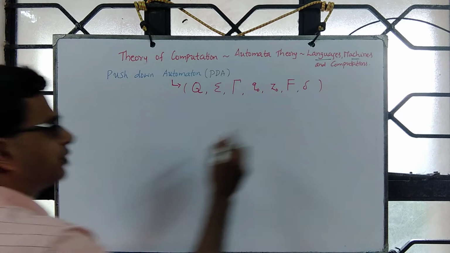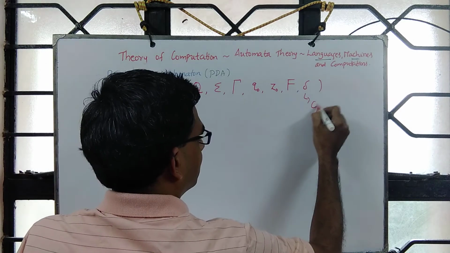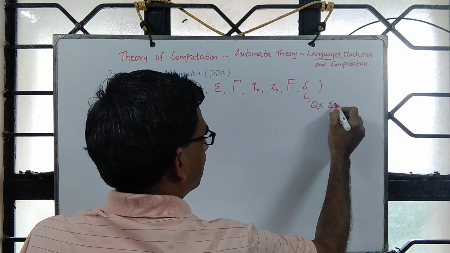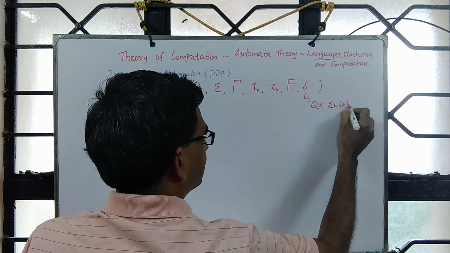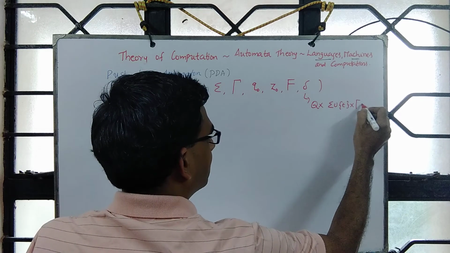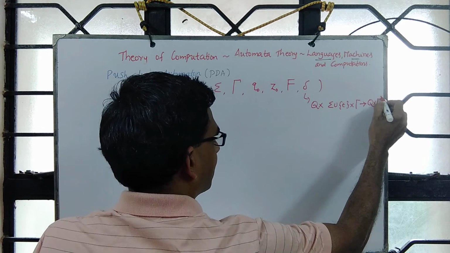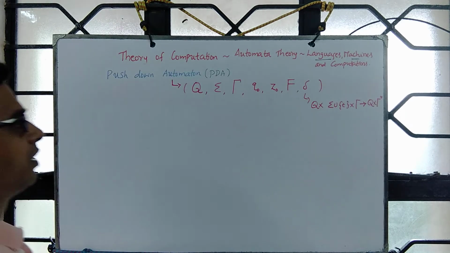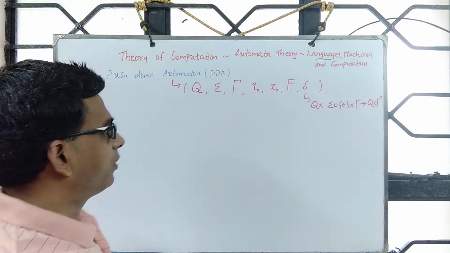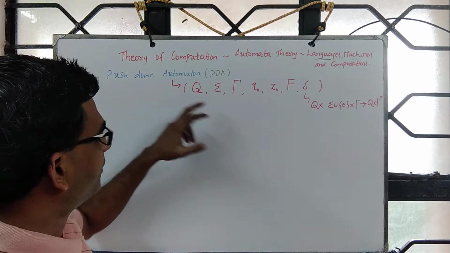how Q cross sigma union epsilon cross gamma is mapped to Q cross gamma star. So for a finite automaton, it is a 5 tuple.